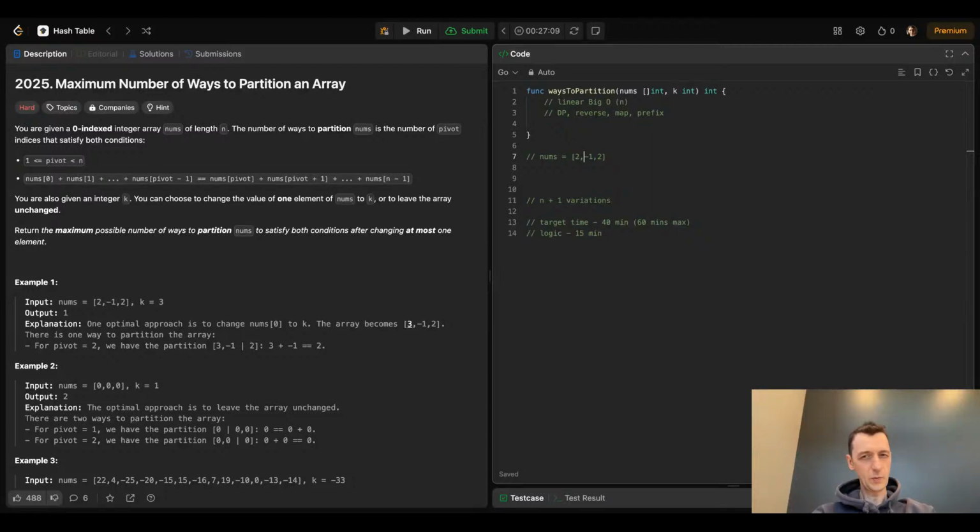Yeah, but we will look at -1 and any element, and we have the sum of -1 and 2.